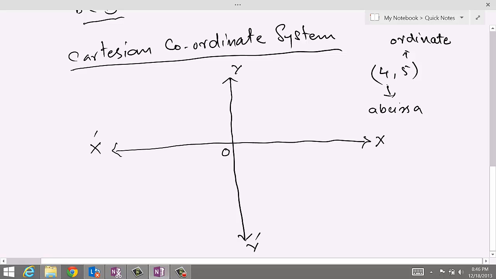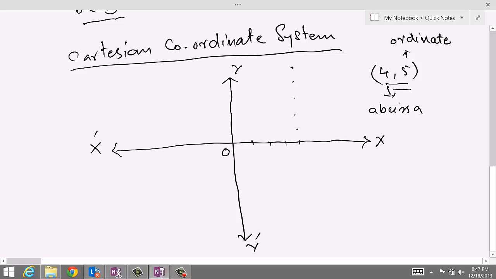So if we want to plot this point (4, 5), we will move 4 steps toward right. 1, 2, 3, 4. And then we look at the ordinate. If the ordinate is positive, we go up. If ordinate is negative, we go down. So in this case, 5 is positive. So 1, 2, 3, 4, and 5.